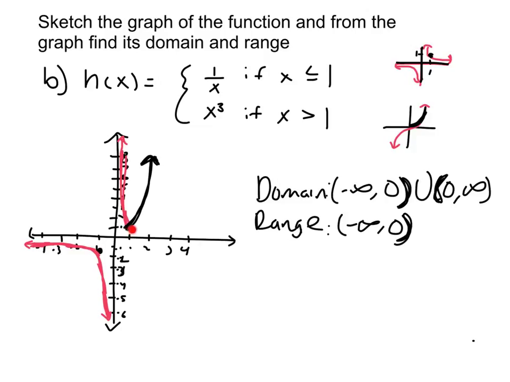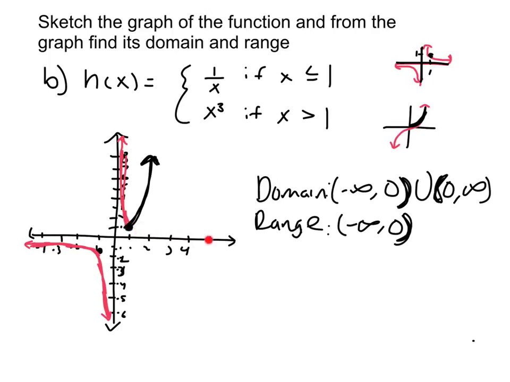But then up here, it doesn't get really close to 0 because we got cut off, because once x equaled 1, we started to have to follow this graph. So the lowest the range gets over here is 1, right? And then it goes from 1 to infinity, but it stops there at 1.